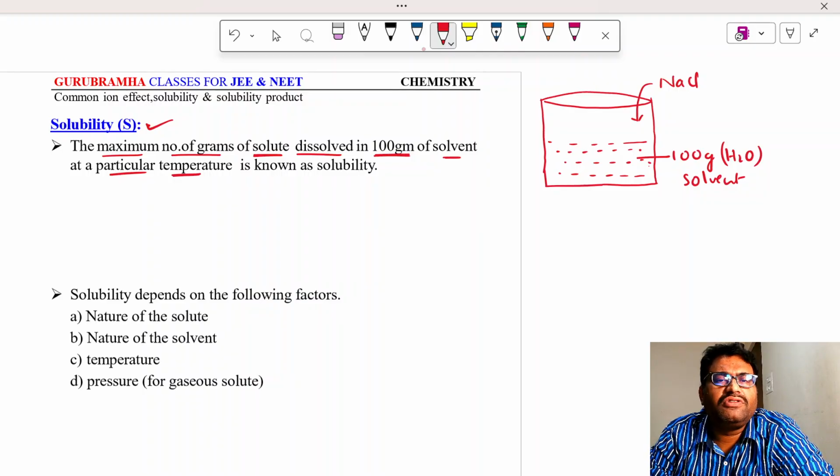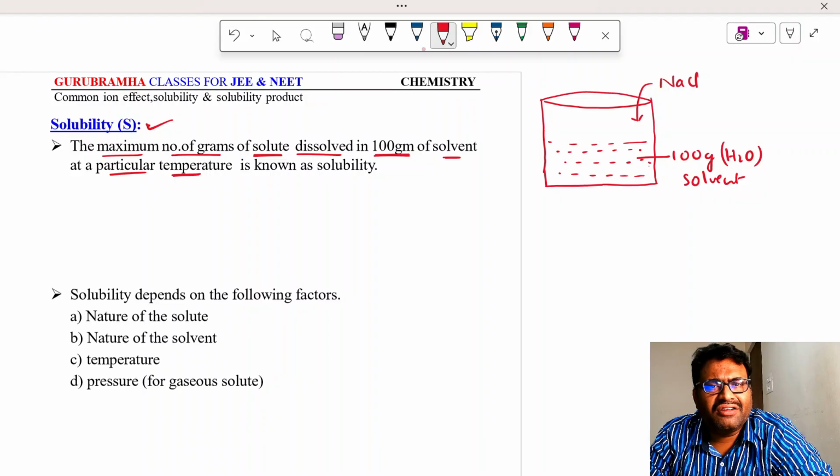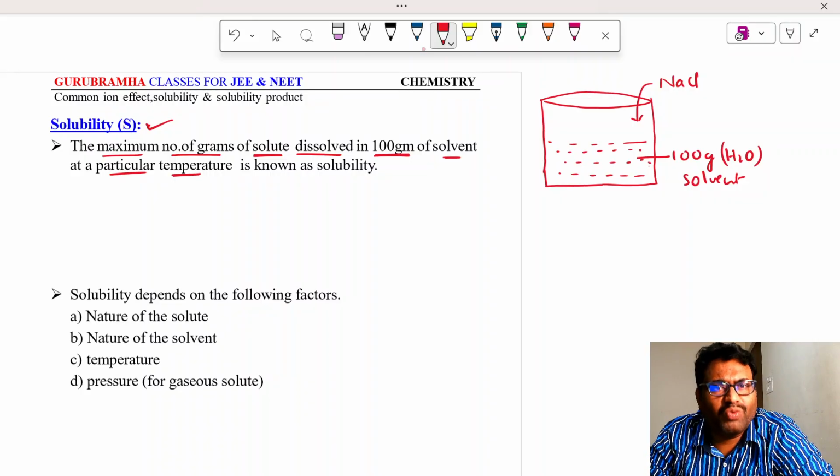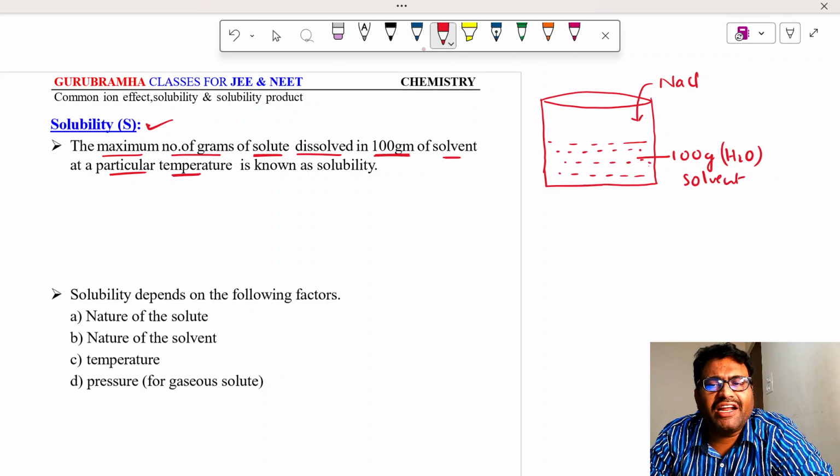Another spoon dissolved. If you go on adding salt, will all the salt you are adding get dissolved in this 100 grams of water? No. For a particular amount of solvent, only a particular amount of solute can be dissolved at a particular temperature. In this 100 grams of water, can you dissolve 1 kg of salt? Is it possible? No.